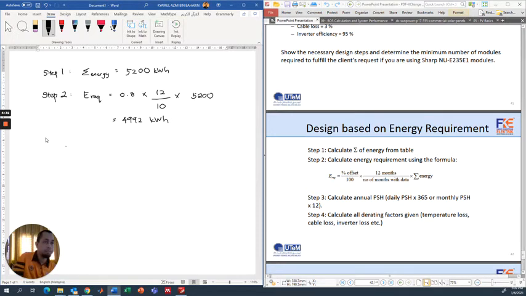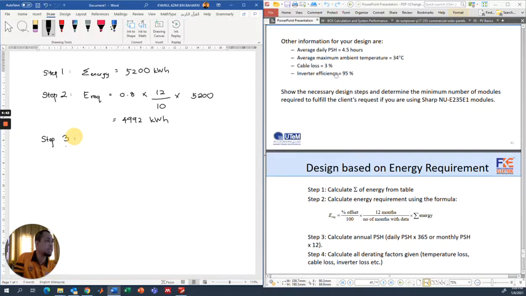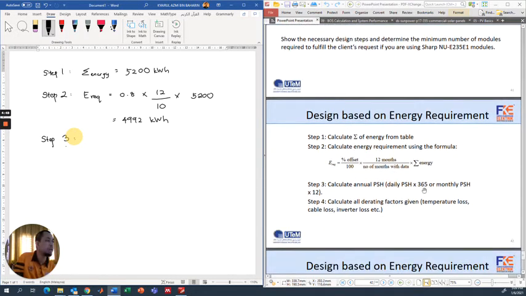Okay, and then step 3 is the annual PSH. From the question, the given PSH is daily PSH. So daily PSH is 4.5 hours. We multiply by 365 days.